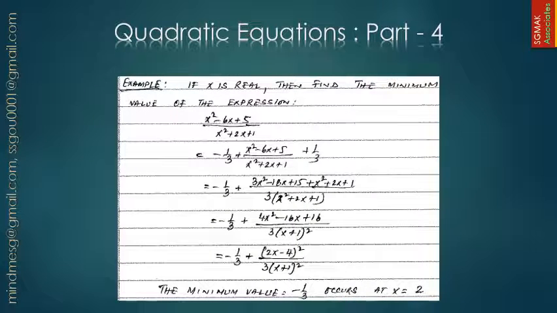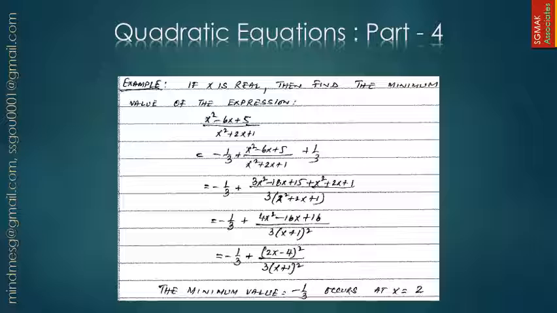If x is real, then find the minimum value of the expression x squared minus 6x plus 5 divided by x squared plus 2x plus 1. So we do a simplification here. We take the expression, we subtract and add minus 1/3, so the equation stays equivalent.